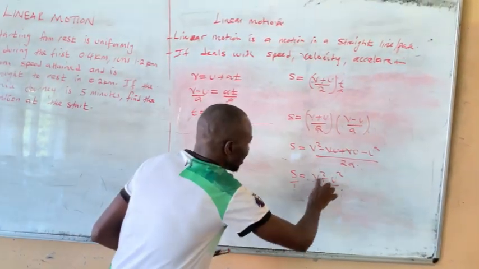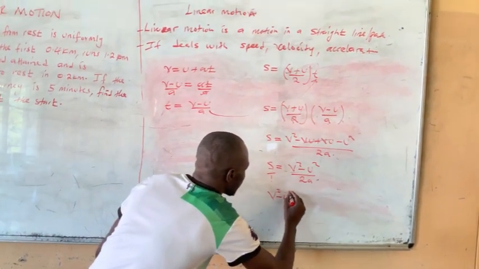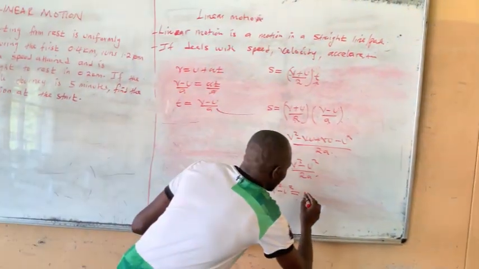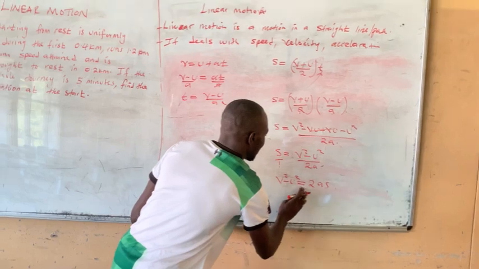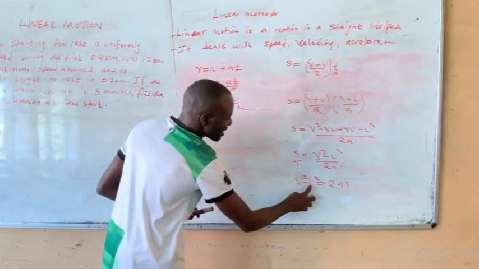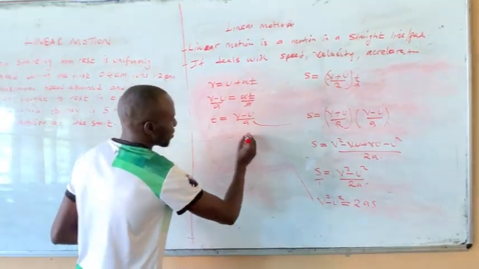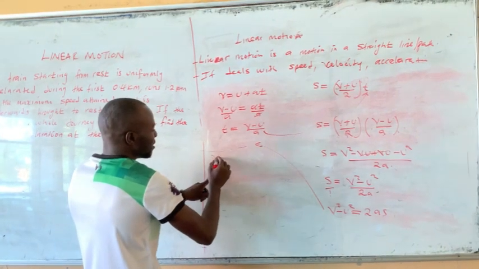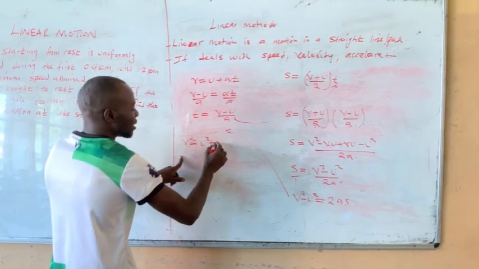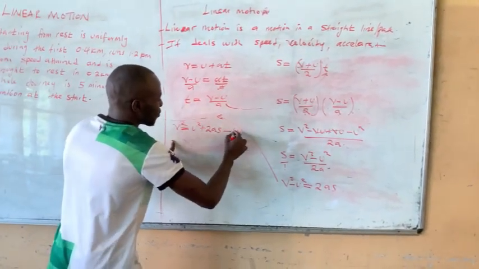Meaning that 1 times all that, you get v squared minus u squared is equal to s times 2a, you get 2as. Now, for the final equation, we can take this u squared to the other side. So it means v squared is equal to u squared plus 2as.